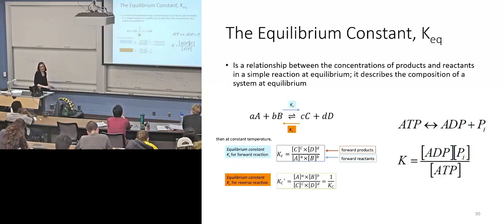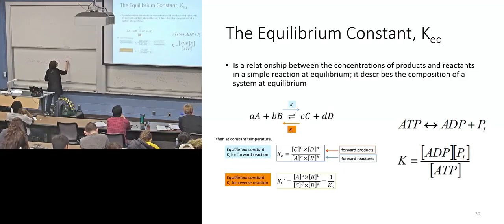So remember, in this real reaction, there's water on the left-hand side for the forward reaction, hydrolyzing ATP to make ADP. So the real full version of the equilibrium constant actually looks like this. I have the concentration of ADP at equilibrium divided by the concentration of standard state ADP. The standard state ADP is 1 molar by definition, so it's just not there. And this is phosphate ions at equilibrium divided by the standard state concentration of phosphate ions.